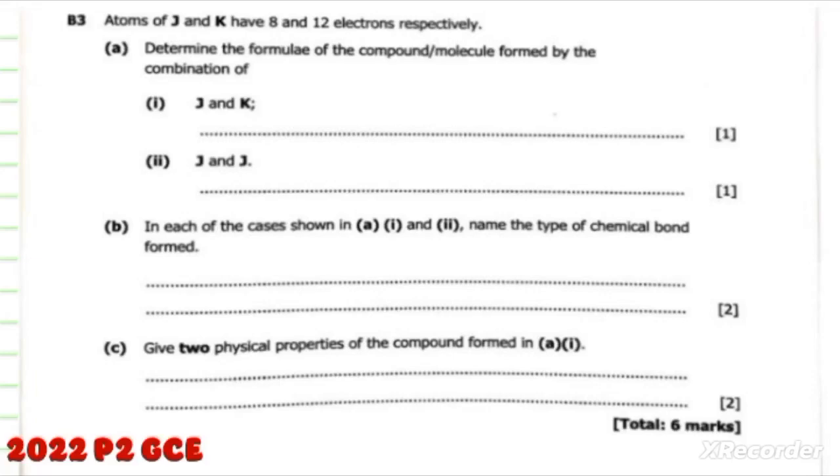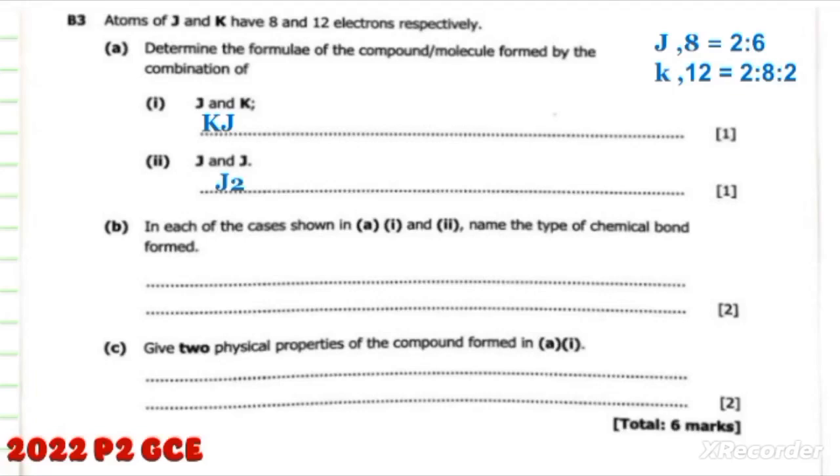So if we come up with electronic configuration, K will have 2 electrons in the outermost shell. So therefore K is coming from group 2. Okay, K is coming from group 2, and J is coming from group 6. So this is the chemical formula or molecular formula.